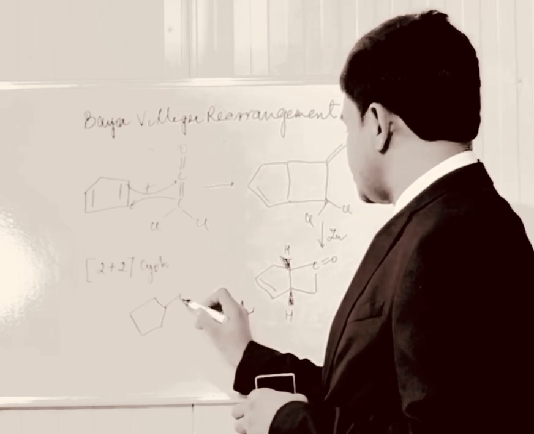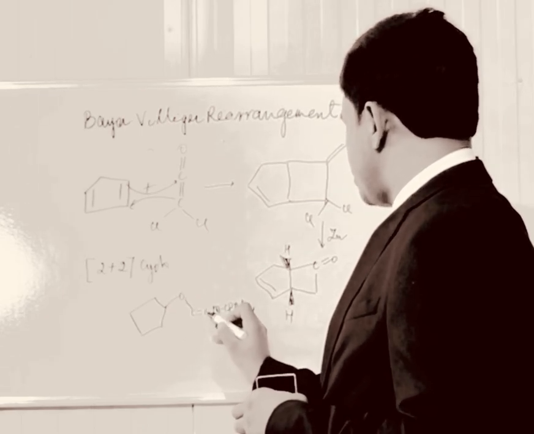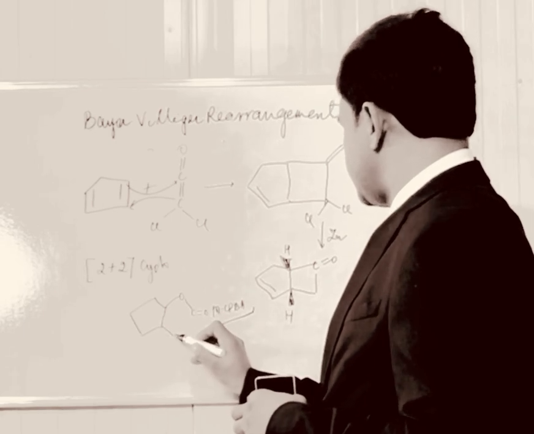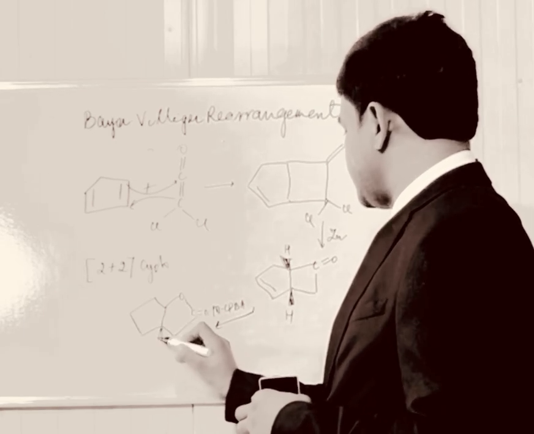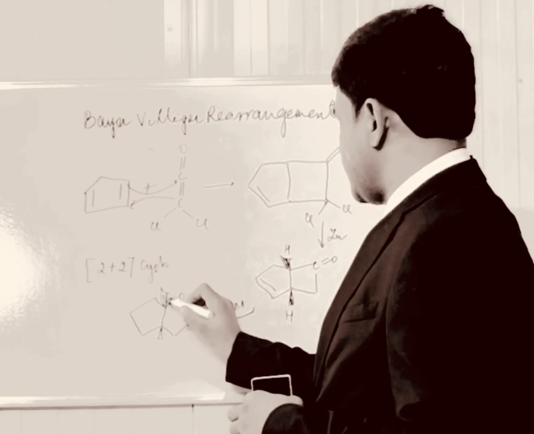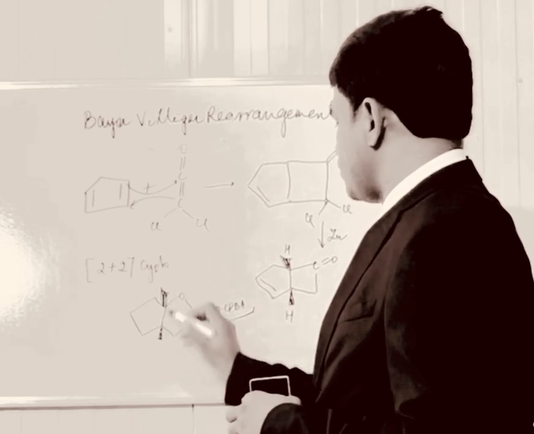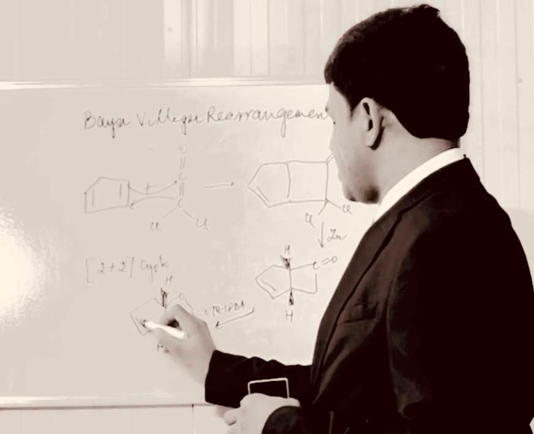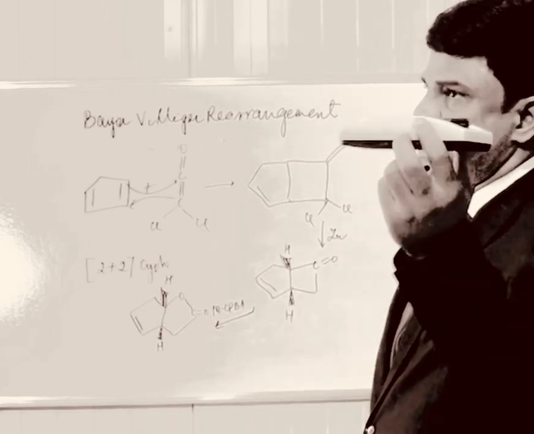Here there is insertion of O, here C-O, and like that, here 2 hydrogens, and this product is formed by a simple cycloaddition.